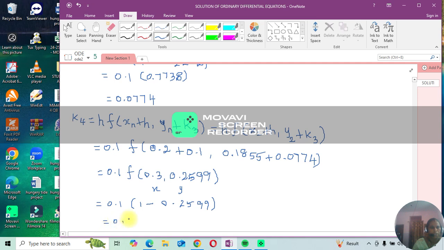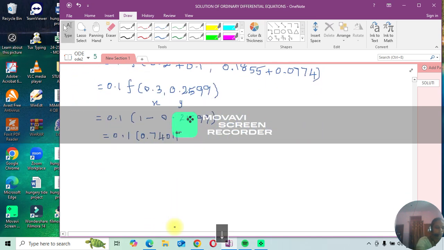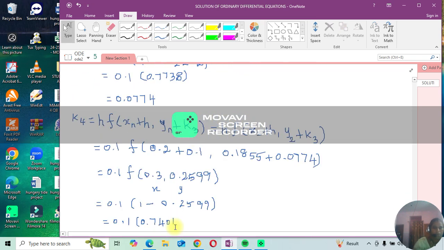So 0.1 into 1 minus 0.2599, which is 0.7401.